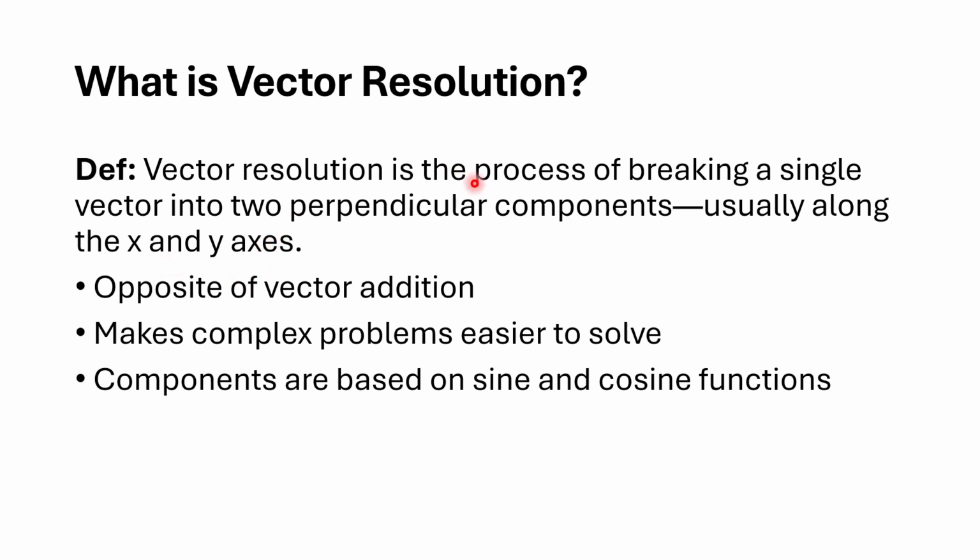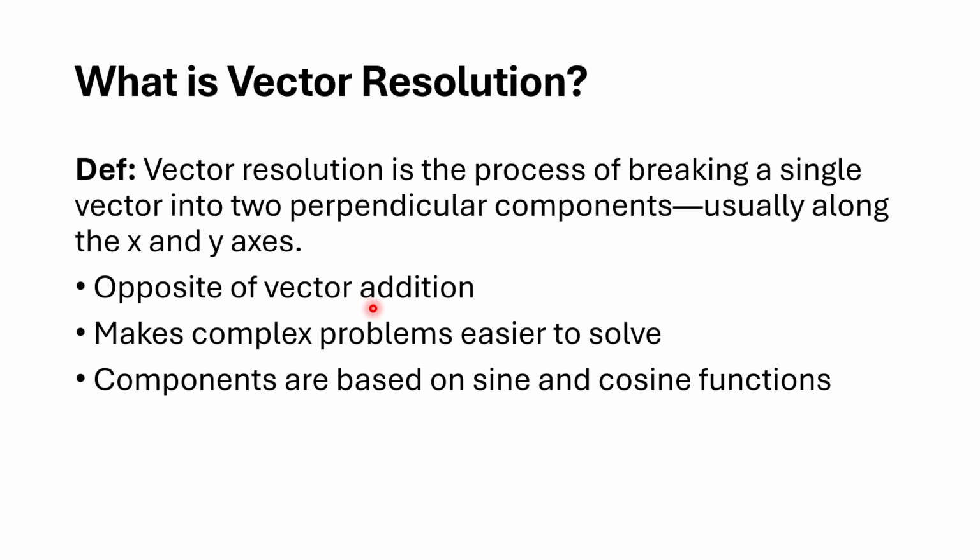As a vector can be added, in the same way a single vector can be broken into two different components, or different vectors, perpendicular to one another, usually along the x-axis and y-axis. That is vector resolution.